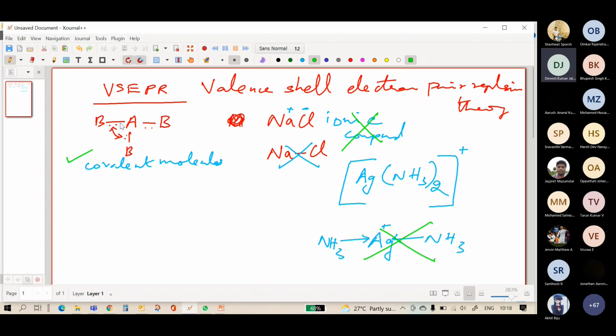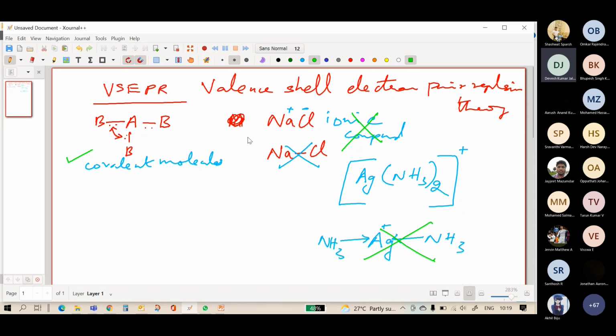The stability that is derived by the sharing of electrons is disturbed by the electron-electron repulsions, the electron pair repulsions. That's how the VSEPR theory came into being, scientists trying to figure out the shapes of different covalent molecules.